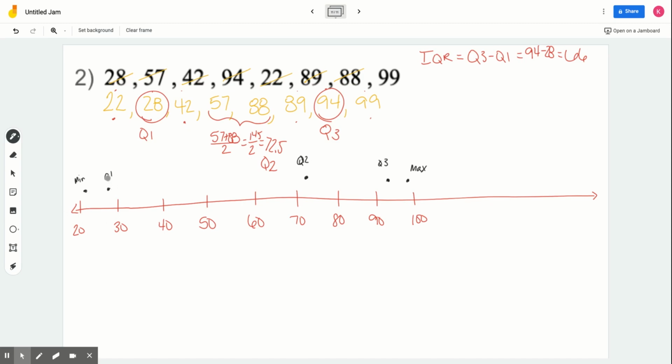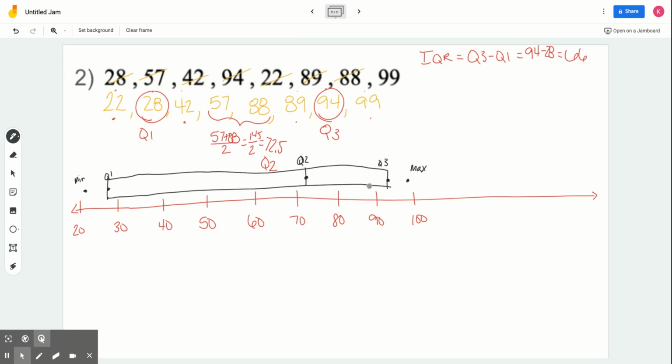So we are going to start by drawing a box around the 3 middle points. Now, my drawing isn't perfect, but we're going to draw a box like this. So from the quartile 1 to the quartile 3 makes a rectangular box, and we put a line through quartile 2. So it looks like 2 rectangles.